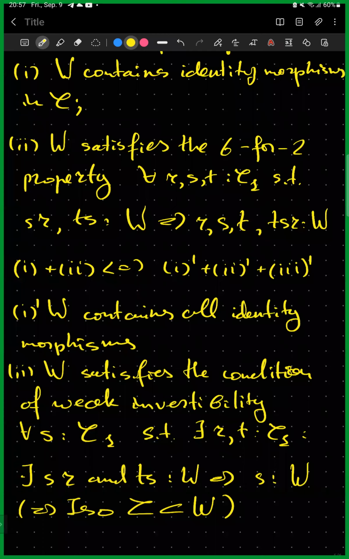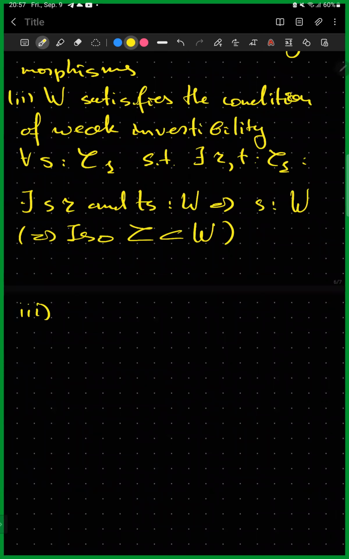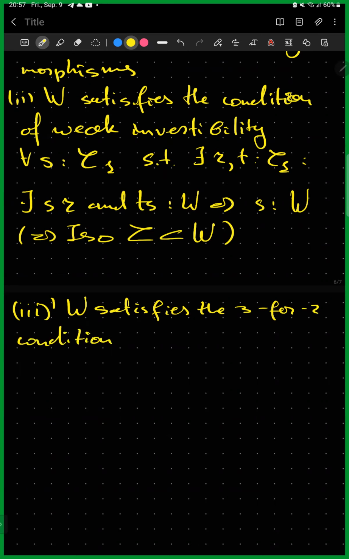Okay, and finally, the third property is that W satisfies the 3 for 2 condition, which asserts that for any S and T such that they're composable, we have 3 maps here.